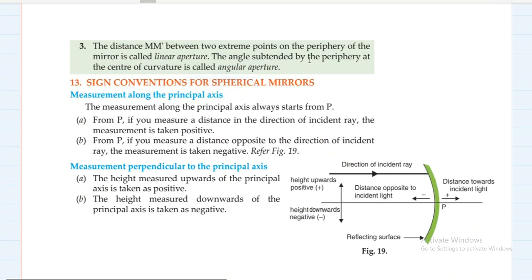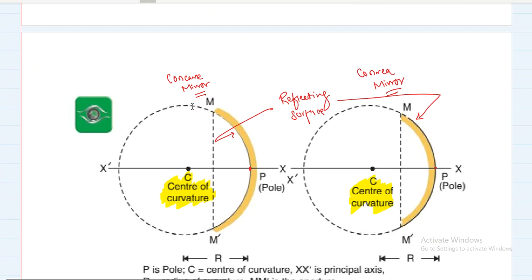The angle subtended by the periphery at the center of curvature is angular aperture. Periphery जो एंगल सबटेंड करता है एट द सेंटर ऑफ कर्वेचर, ये पेरीफेरी अगर सेंटर ऑफ कर्वेचर पे जो एंगल बनाएगा उसको बोलते हैं एंगल ऑफ अपर्चर. यहां पे एंगल ऑफ अपर्चर क्या होगा?